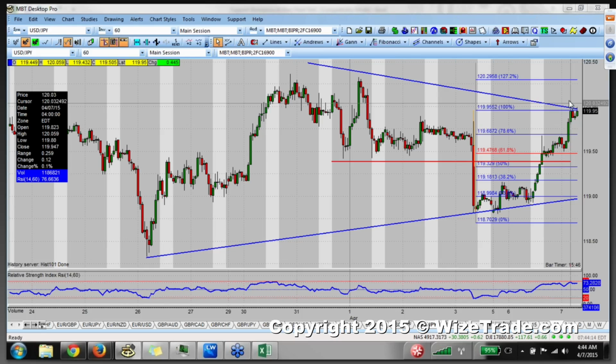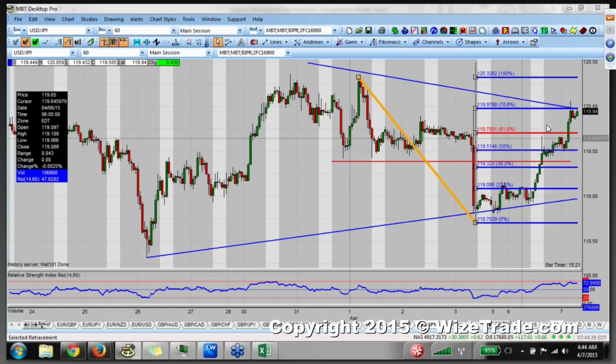Okay. Dollar yen. Dollar yen, we covered it for the most part, but we'll recognize that spike high right there. 120.05 resistance.